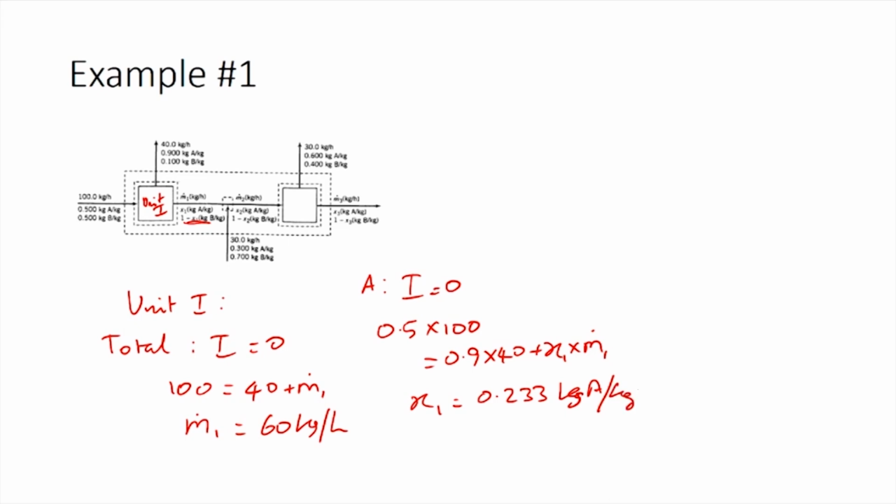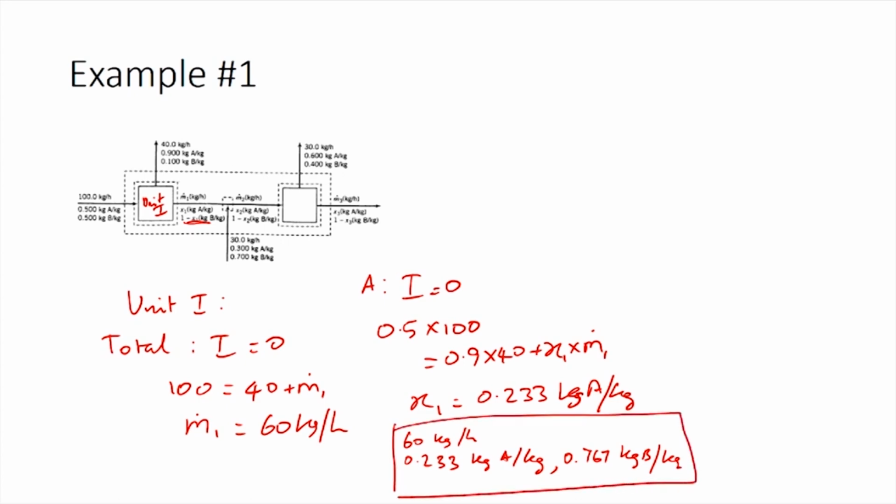So, the product stream which is leaving the unit 1, which is the stream 1, basically contains 60 kilograms per hour with 0.233 kilograms of A per kilogram and 0.767 kilograms of B per kilogram. The composition of B is basically 1 minus the mass fraction of A.